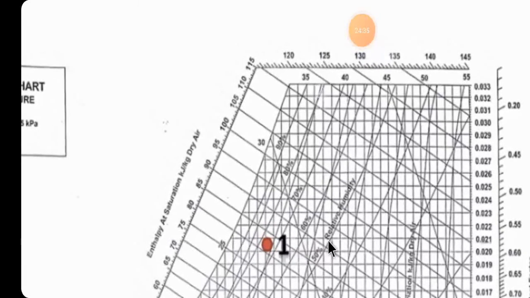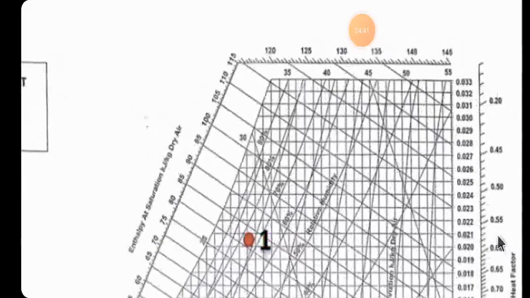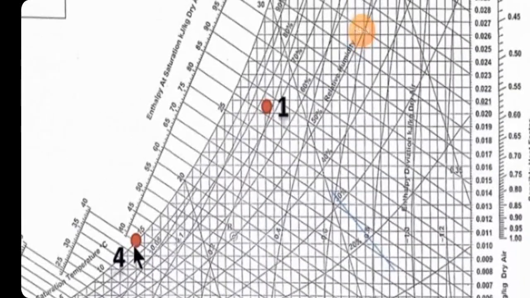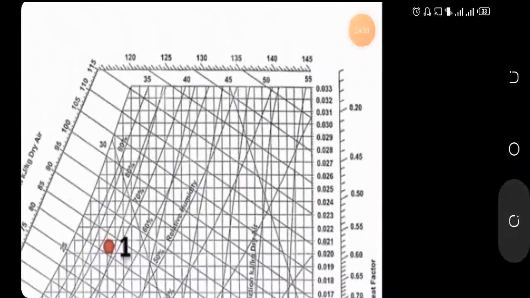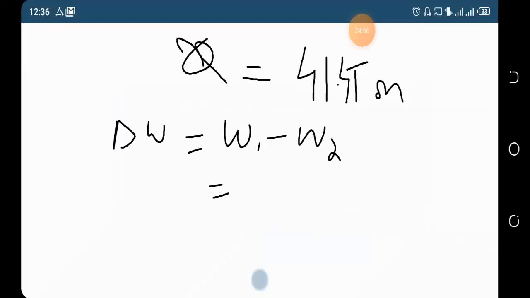And at 15.6 degrees centigrade, it is exactly 0.011. So W1 is 0.0205 and W2 is 0.011.